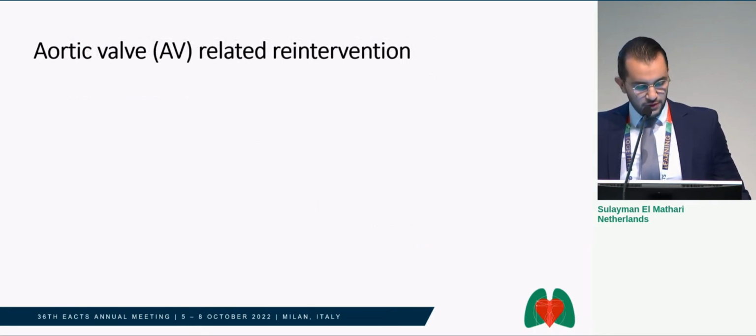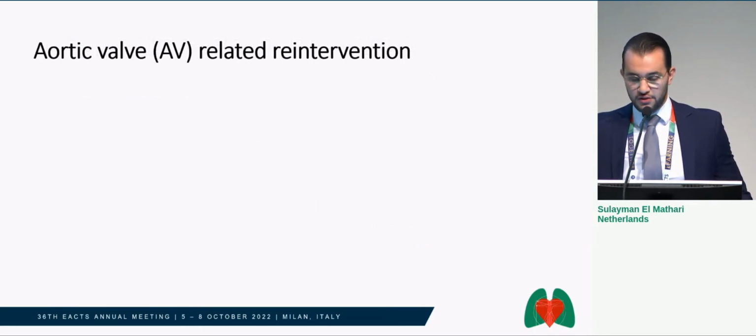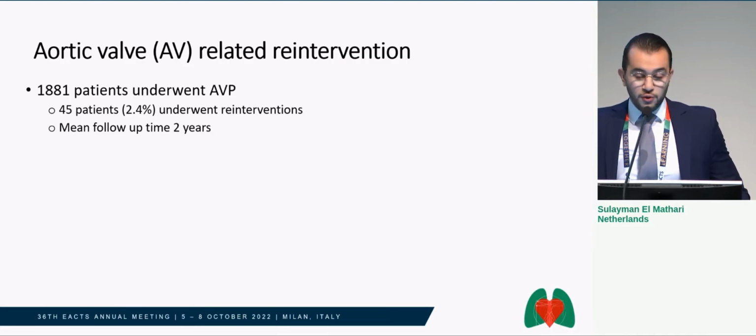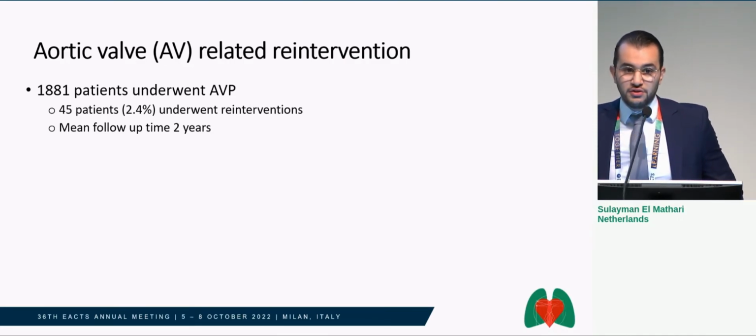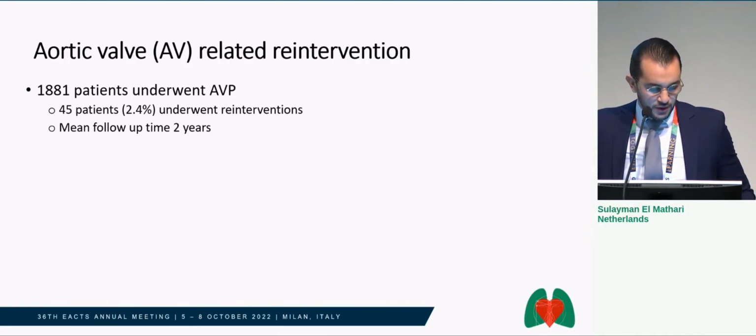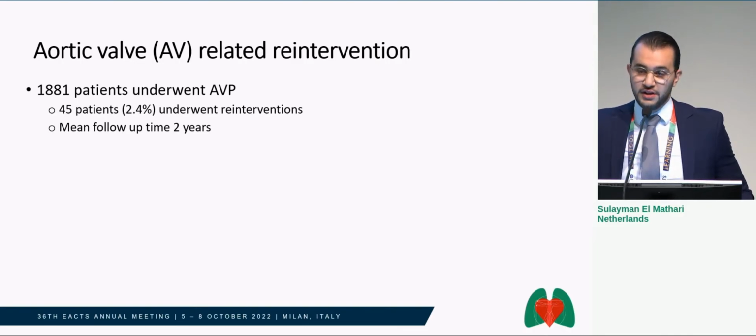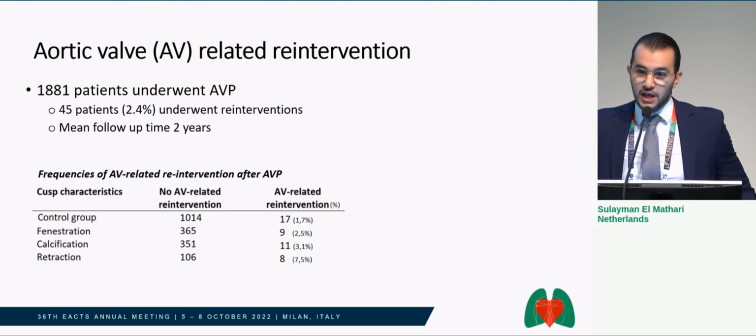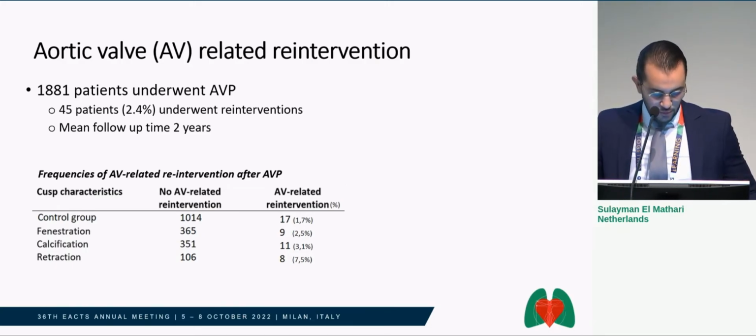The last main outcome value then is aortic valve-related reintervention. 2.4% of all patients that underwent aortic valve repair also underwent a reintervention within a mean follow-up time of 2 years. In the table below, we can see how the events were distributed among the groups. 17 reinterventions belonged to the control group, and the rest was approximately equally divided among the study group.